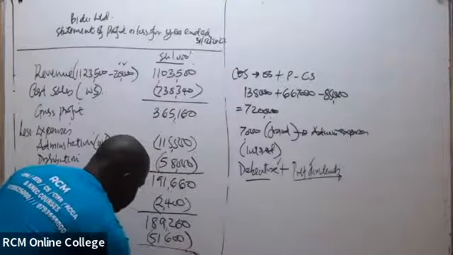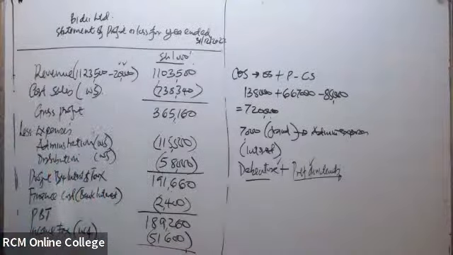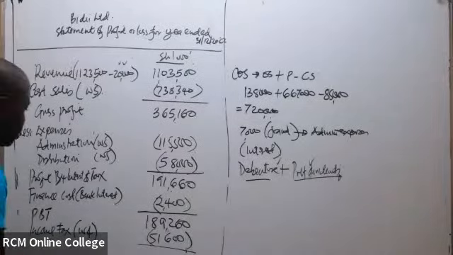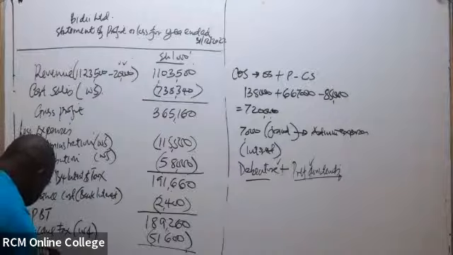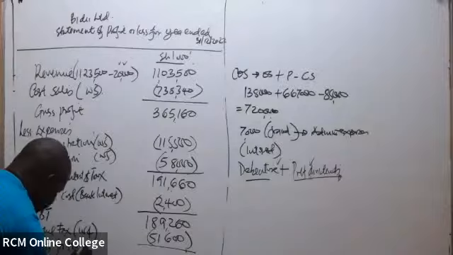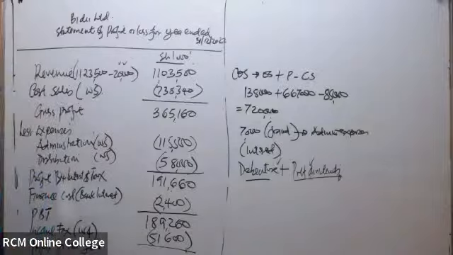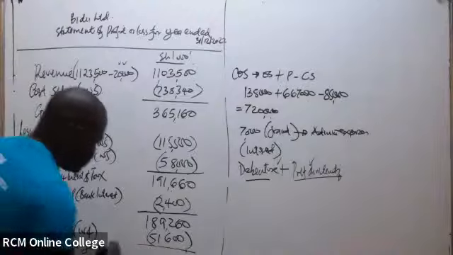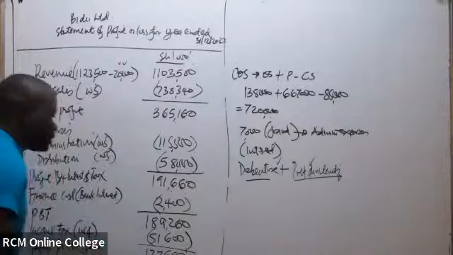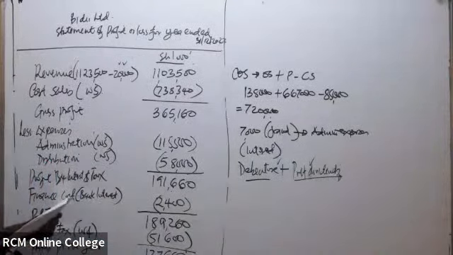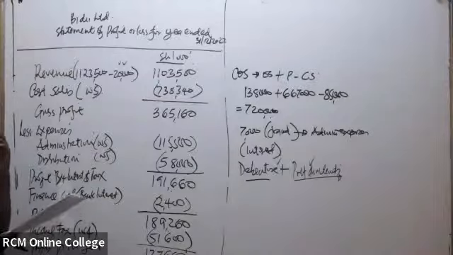So if you less that, how much are you having to get as the profit for the year? It comes to 137,660. So that is the profit realized for the year.